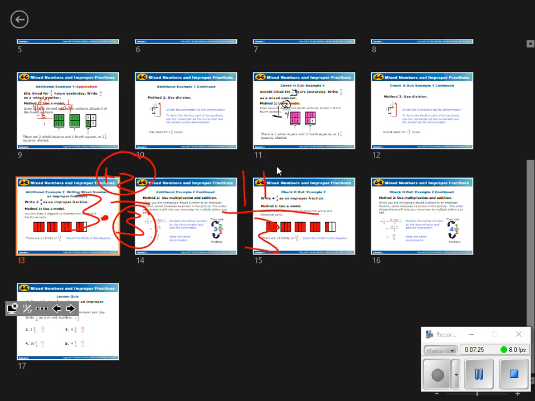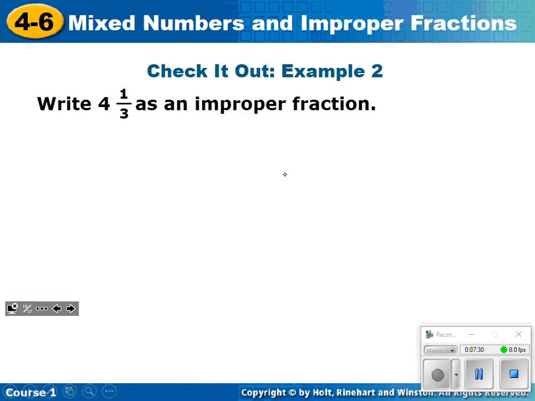If you really wanted to, you could draw a bunch of pictures. You know, I mean, you guys could all look at this. So, tell me, what is it? 13/3. Because 3 times 4 is 12 plus 1 is 13. So you'd have 13 and keep my denominator, 13/3.